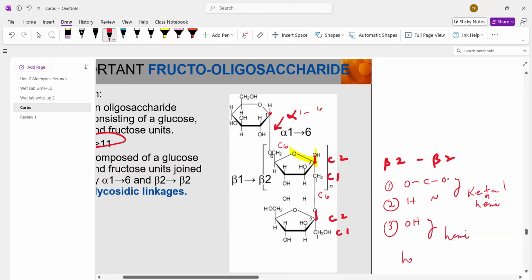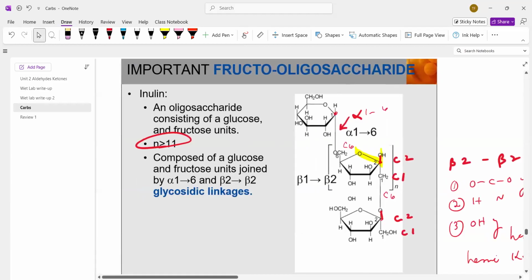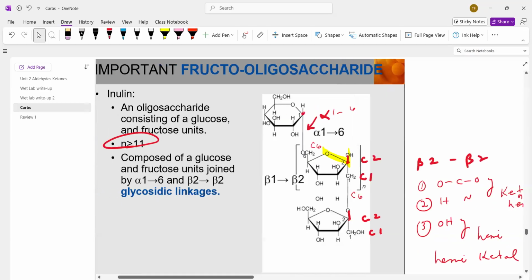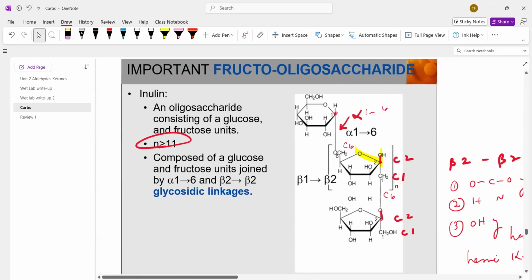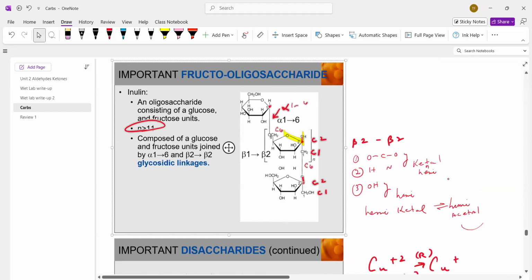So this ends up being a hemiketal. And hemiketals can morph into a hemiacetal. So these guys are reducing sugars because of that.